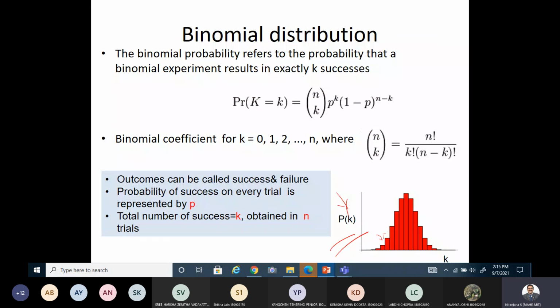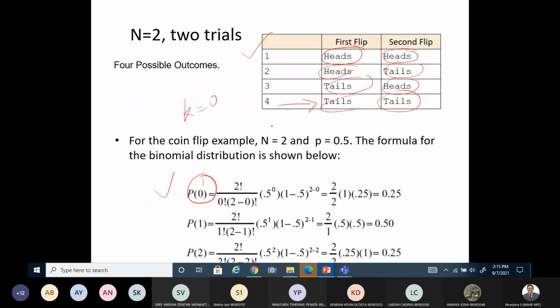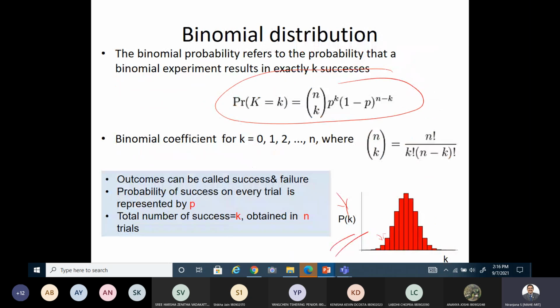The formula is available here, right? So you have the coefficient here, the binomial coefficient. Then probability P to the power K, 1 minus P to the power N minus K.